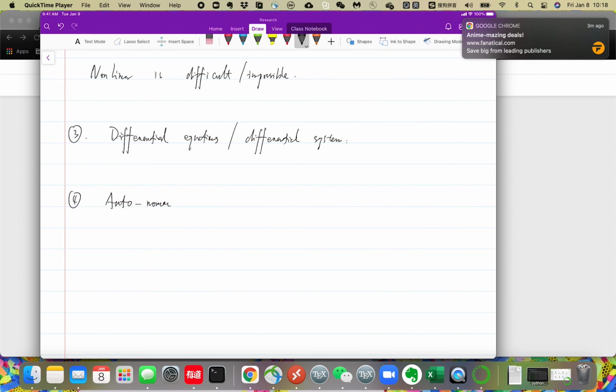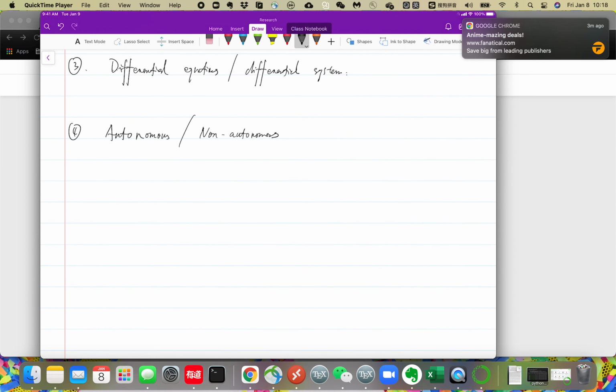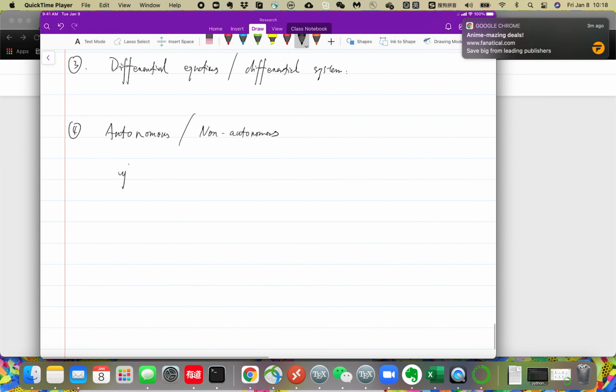Autonomous and non-autonomous. I will just give you first order differential equation examples. A first order differential equation is called autonomous if y prime can be written as a function of y.